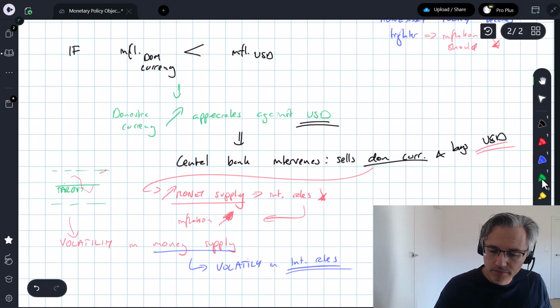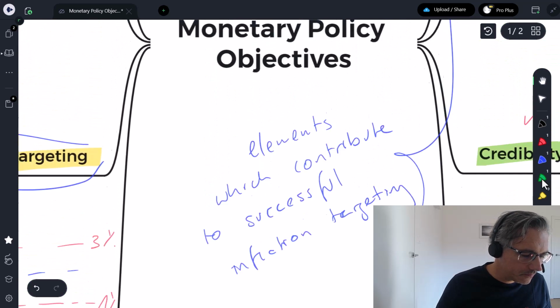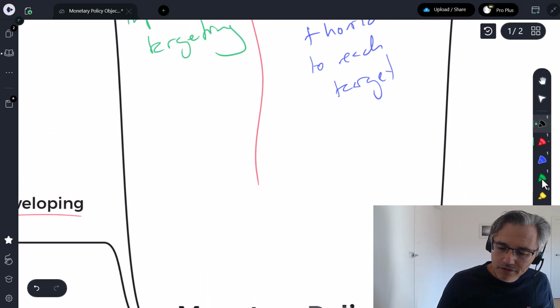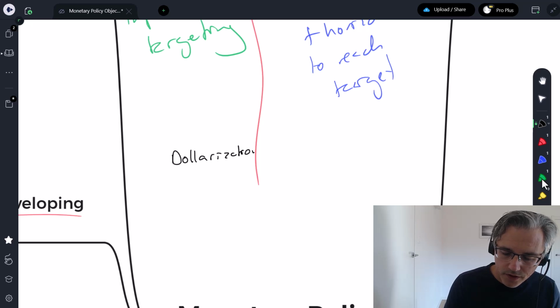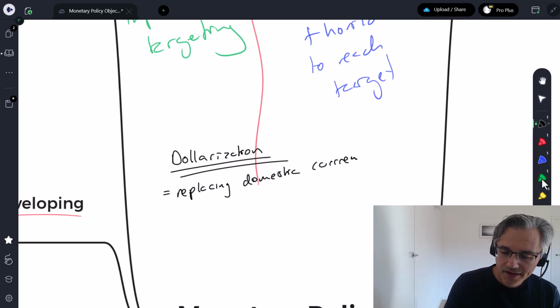I just wanted to mention one last phrase here. Instead of inflation rate targeting, some countries have opted for what is known as dollarization. And dollarization means replacing your domestic currency, of course, with the US dollar.